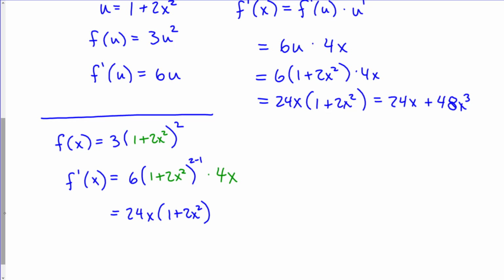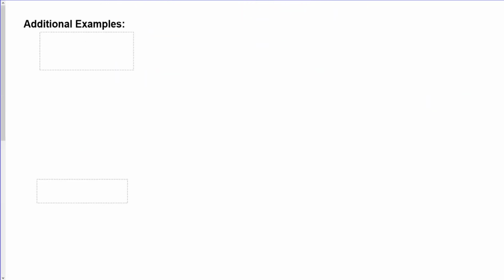So to get good at that, to get good practice with that, let's do some examples. A. F of x equals 1 over x plus 1. So I want to find the derivative of this. I could use the quotient rule. That's fine.